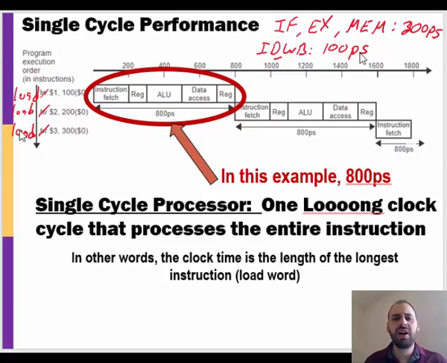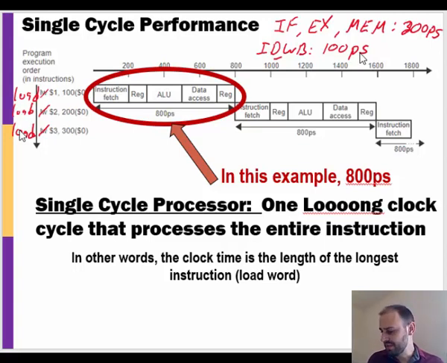It's pretty straightforward to say how long the clock cycle needs to be. It needs to be at least that long, because the entire instruction for the single cycle implementation must finish within that duration. It can't be any shorter than summing up all of those.